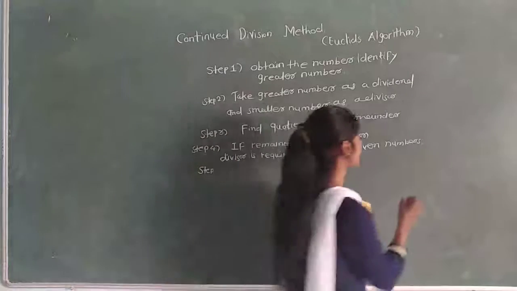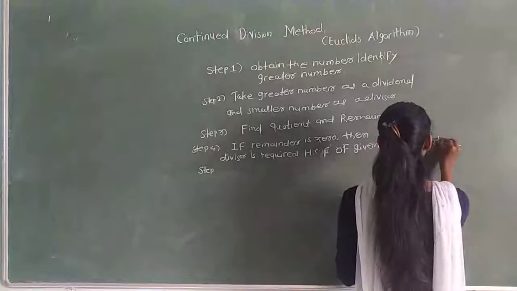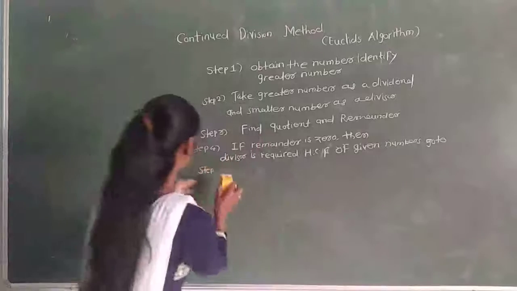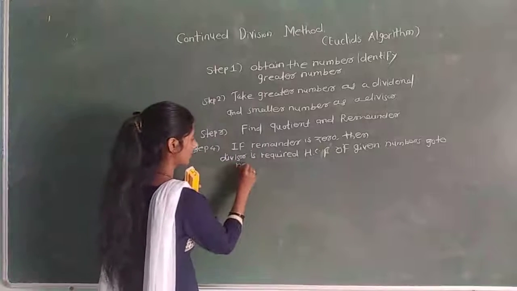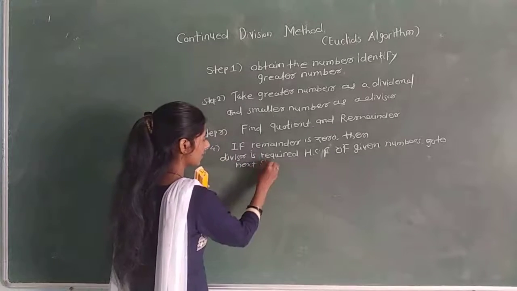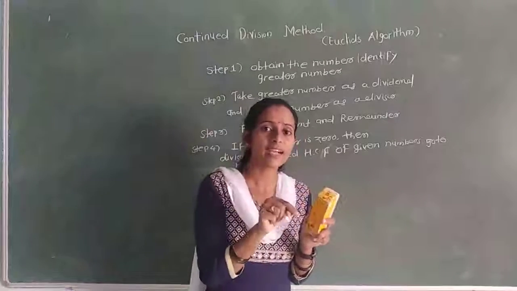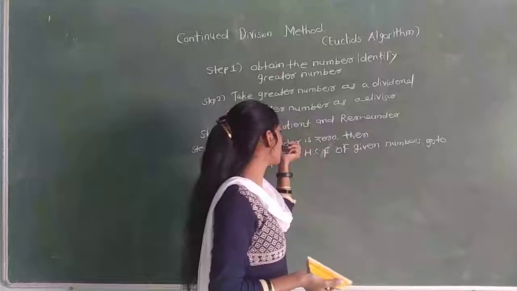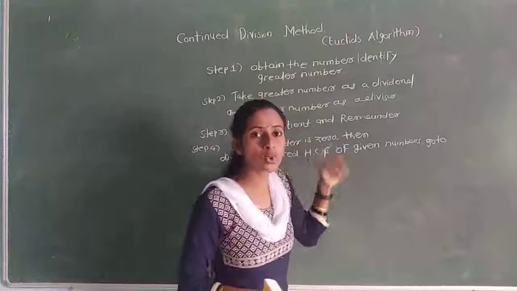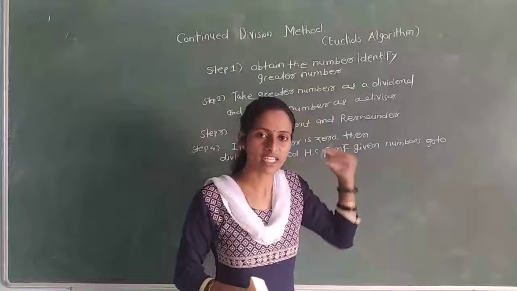Otherwise, go to the next step. Next step: if the remainder is not 0, then take the divisor as the remainder and the new dividend as the previous divisor.